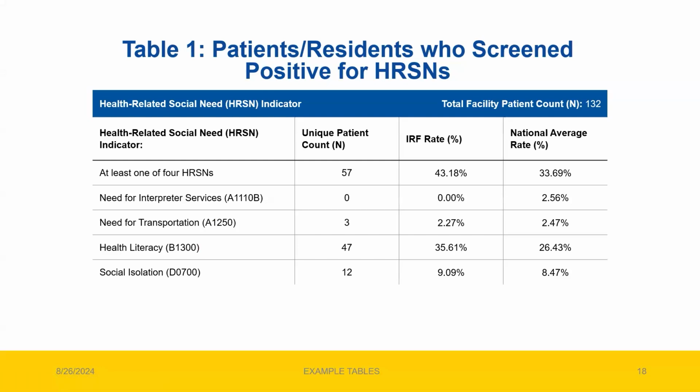Thank you, Mariana. We are going to walk through example results for a sample inpatient rehabilitation facility, or IRF. First, let's review Table 1 results, which include results for the overall HRSN indicator, or patients who screened positive for at least one HRSN, and results for patients who screened positive for each of the 4 individual HRSNs.